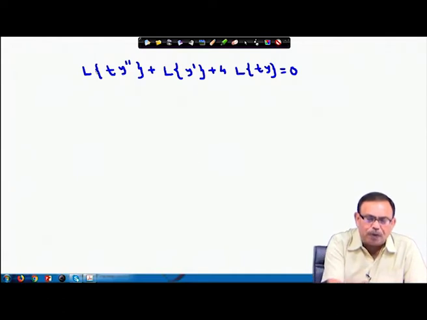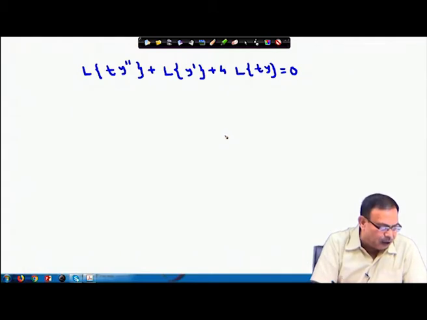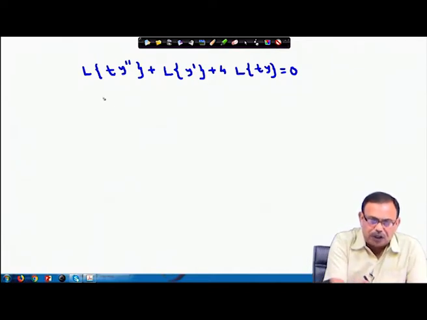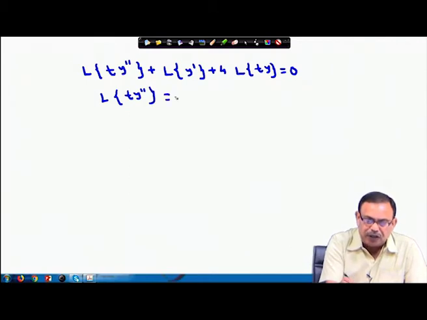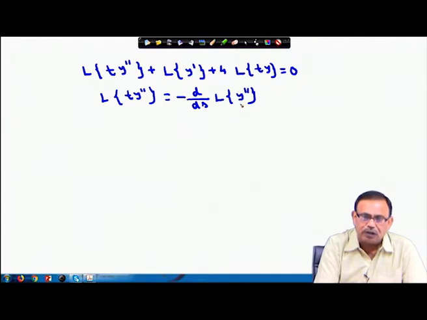What is Laplace transform of t y double dash, or what is Laplace transform of t y? Laplace transform of y dash we know. What is Laplace transform of t y double dash? From the property, I can write it as minus d d s of Laplace transform of y double dash.